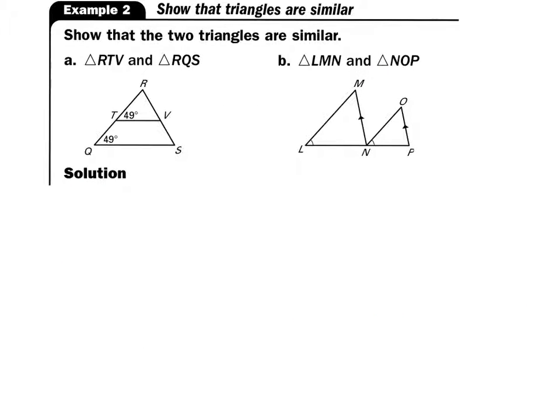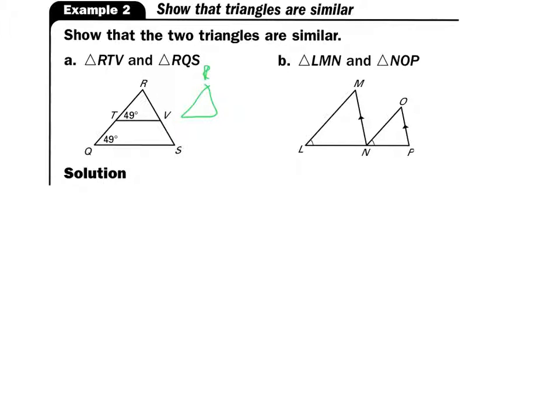Here's another example. Show that the two triangles are similar. The first one is a small triangle, RTV, embedded in a larger triangle, RQS. What's interesting is that both triangles share angle R. If it's helpful, you can draw on the side.